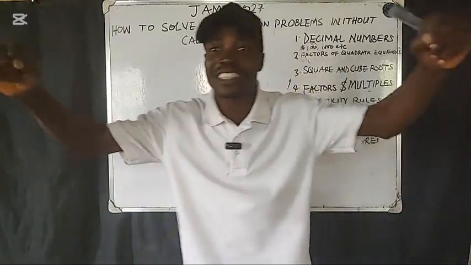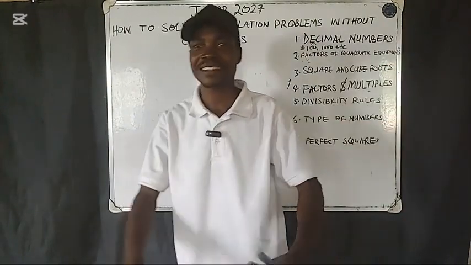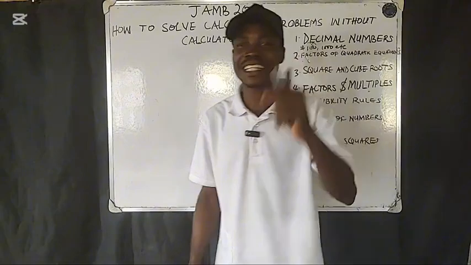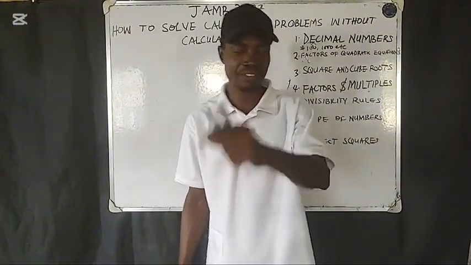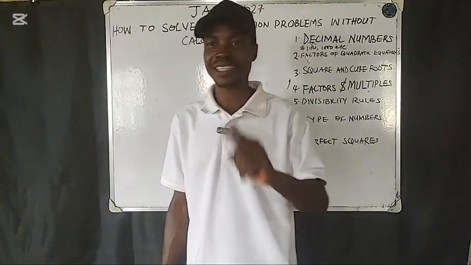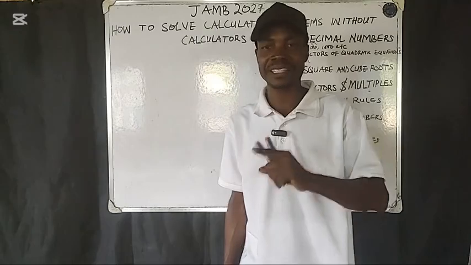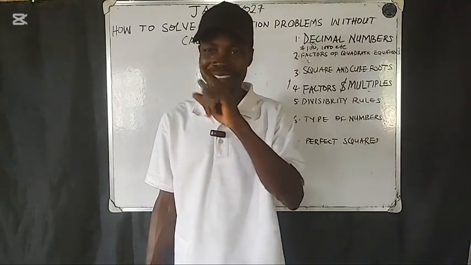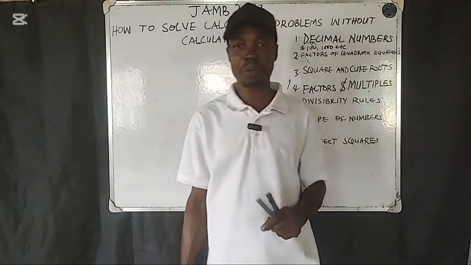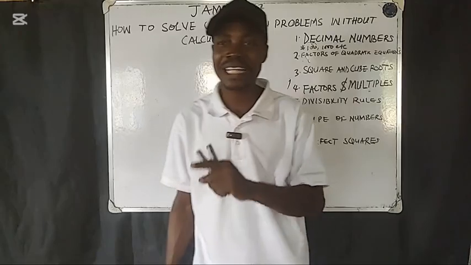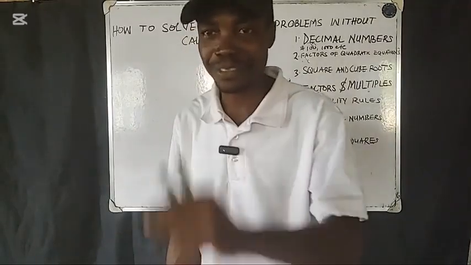How do you know when 6 can divide the number? Tell me. When 2 and 3 can divide the number at the same time. Thank you very much. When 2 and 3 can divide a number at the same time, that means 6 can divide that number. Let me tell you one that you don't know before. How do you know that 36 can divide the number?